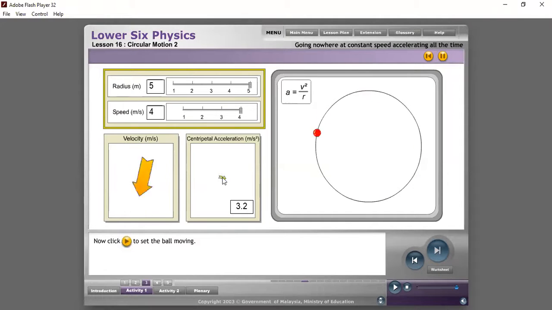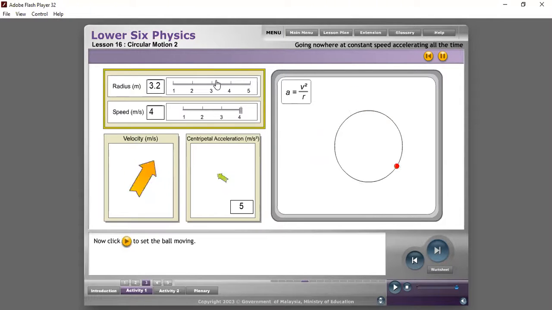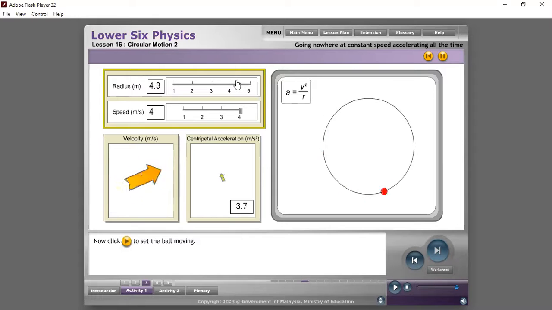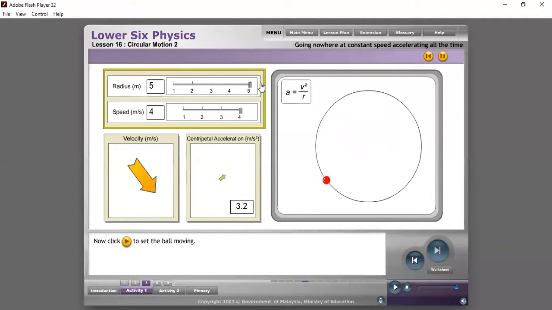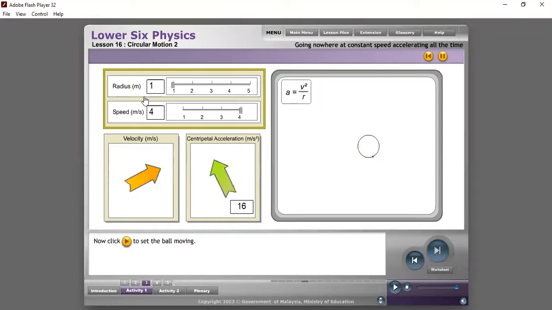We can see the centripetal acceleration. But once I reduce the radius, what happened? Look at the centripetal acceleration, starting with 3.2, increasing to 16.